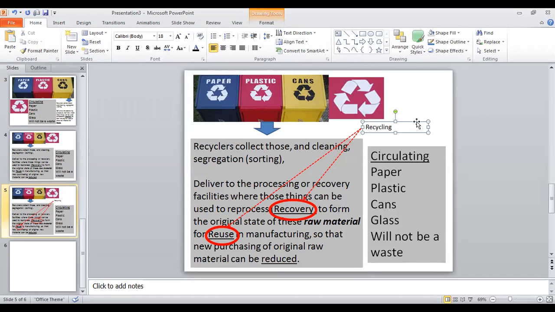Okay, recycling. So as a result, yes, reduction of new raw material is imminent. Yes, this is recycling.